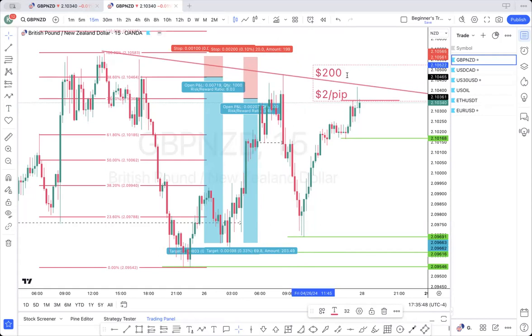With the 20 pip stop loss. 20 pip stop. Let me wait a minute. Hold on. Because I think some people need the visual. Why is this acting weird? Okay. There we go.